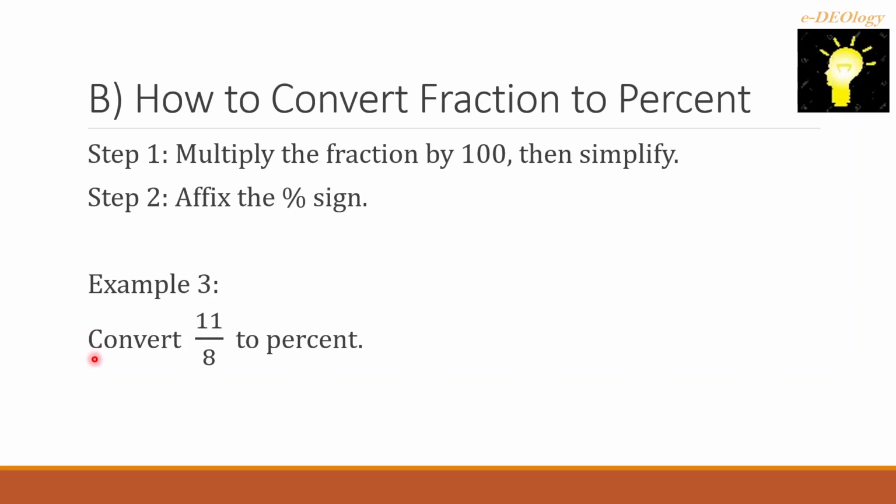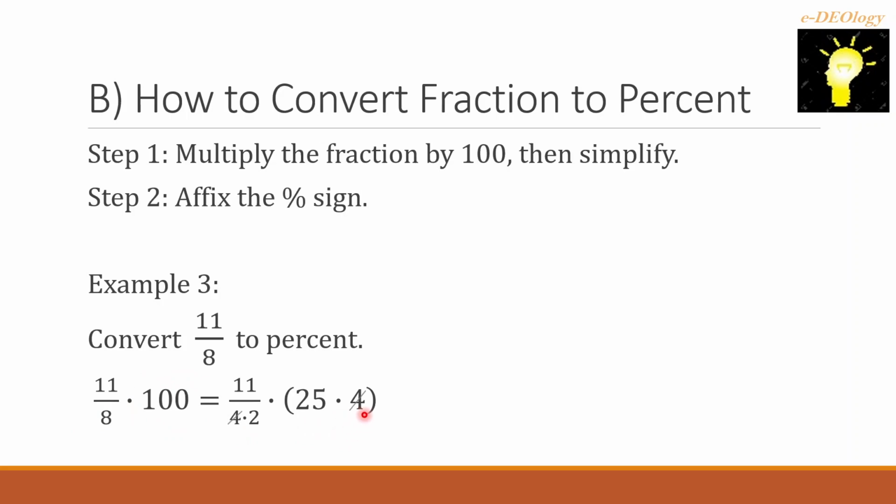Example 3. Convert 11 over 8 to percent. Step 1, let's multiply this fraction by 100. So we have 11 over 8 times 100. Then let us simplify. Let us factor the number 8 into 4 by 2. Let us factor out 100 by 25 times 4.